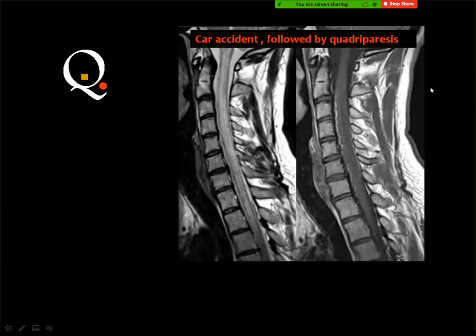This patient was subjected to a traffic accident followed by quadriparesis. Dural arteriovenous fistula. Yes, very good diagnosis actually.